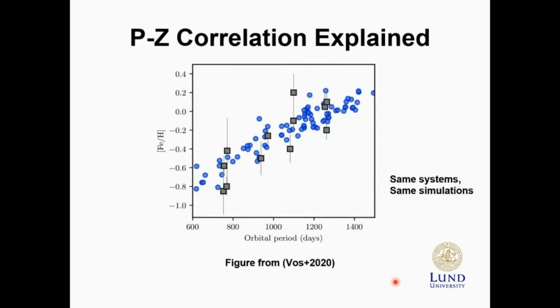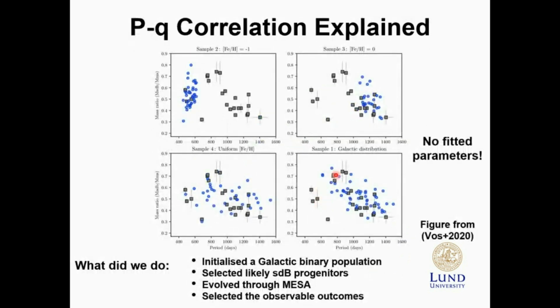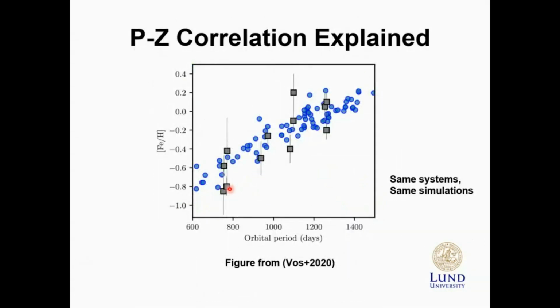Well, we thought, really, is it just a lucky coincidence or is it not? So we decided to check ourselves, and we took the observed sample of those sub-dwarf B stars, so of these gray squares, and we went through the literature, and after we did the simulations, we obtained or calculated, or summarized in a table their metallicities and orbital periods.